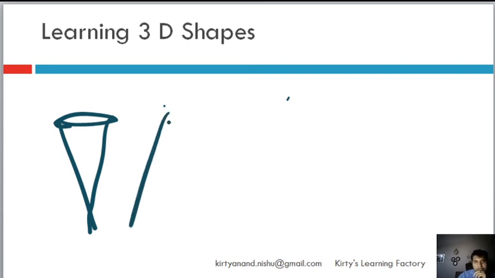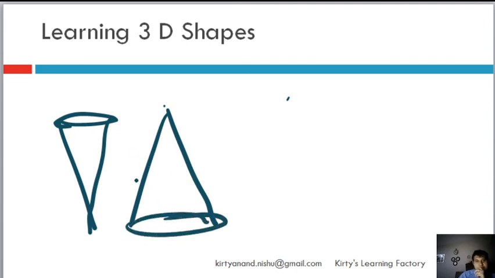There are two ways to represent a cone, either like this or like this. This is an inverted cone, this is a cone, same thing, no problem. We have only rotated it and kept it on its base. If I look at the cone from the top, what I will see is a circle with a point, and then I will not see this.